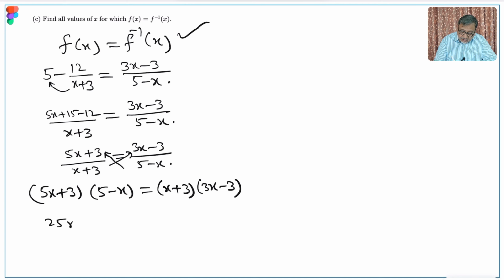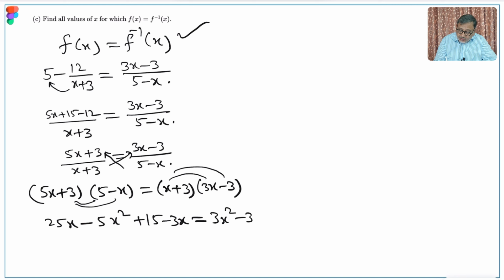So multiply and open the bracket. 5 times 5, 25x minus 5x square, plus 3 by 3, I will open it, 3 fives are 15, minus 3x, is equal to, now by x I will multiply, so 3x square minus 3x, and then by 3 I will multiply, so plus 9x minus 9. Minus 3x on both sides I will cancel.